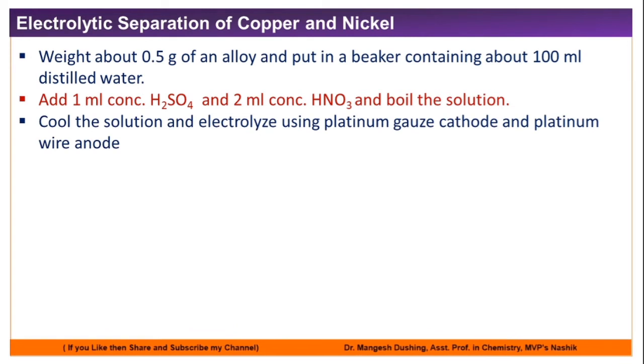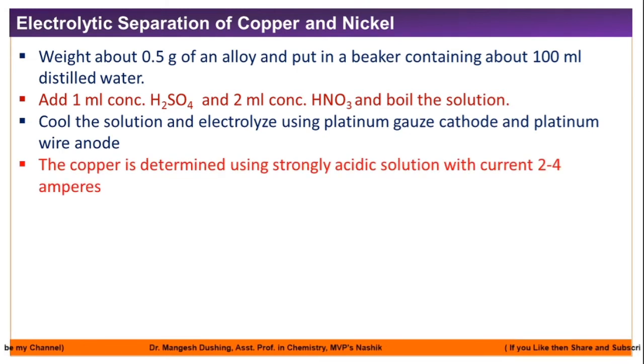So cool this solution and electrolyze it using a platinum gauze cathode and a platinum wire anode. The copper will be deposited at the cathode in acidic condition. So the copper is determined using a strongly acidic solution with a current around 2 to 4 amperes and a potential difference of around 4 volt.